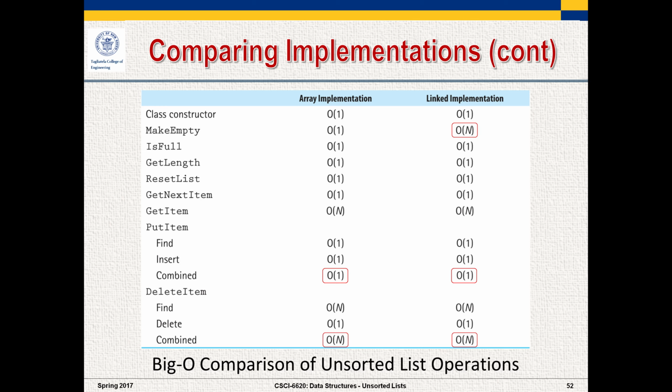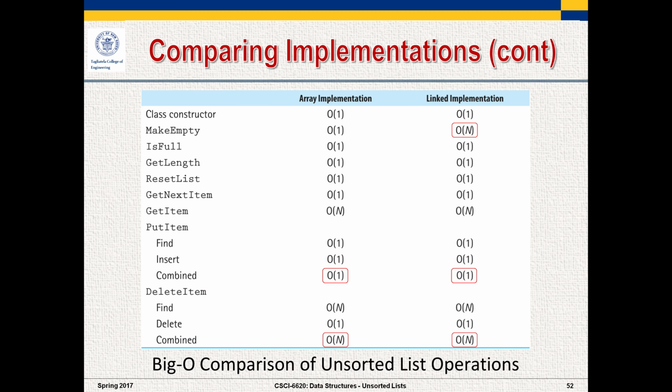In an unsorted list as we have here, you are going to have to traverse the entire list to do some of these functions. And so there's one of the trade-offs that you always have between these kinds of alternatives.